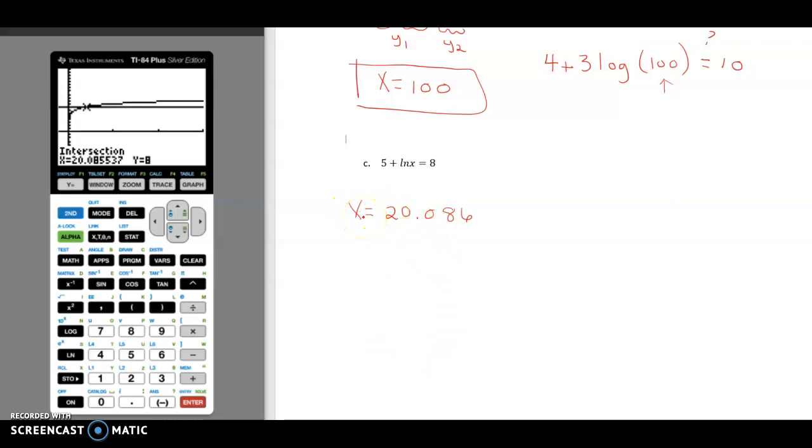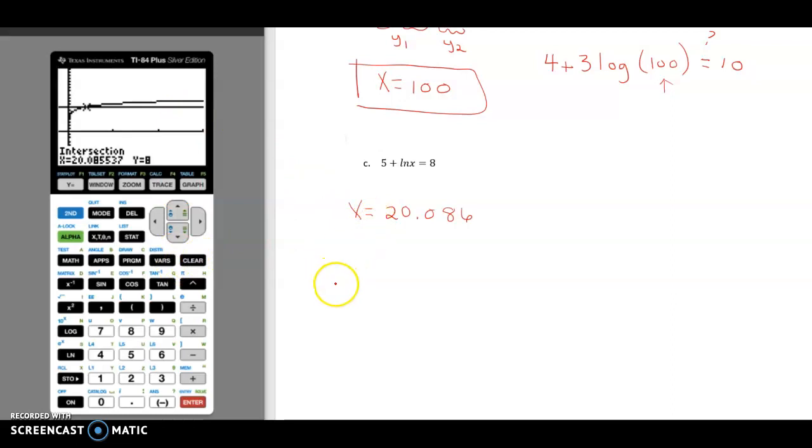Okay. So the only problem with using the graphing calculator sometimes is that the calculator is going to give us an approximation. Sometimes on MyMathLab, they want an exact answer. This is a rounded answer. It's an approximation. So that's the only issue you can run into using the graphing calculator, is that they're going to sometimes say, I want the exact answer. So if they say that, you may have to solve it algebraically. But a lot of times the graphing calculator is very useful for solving these equations.